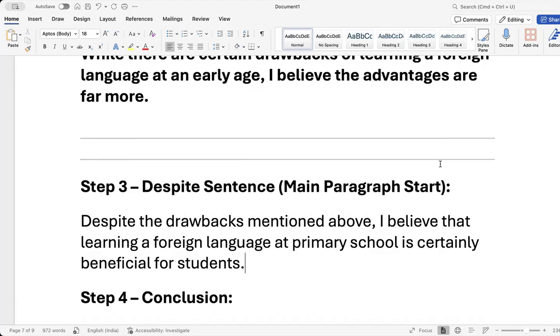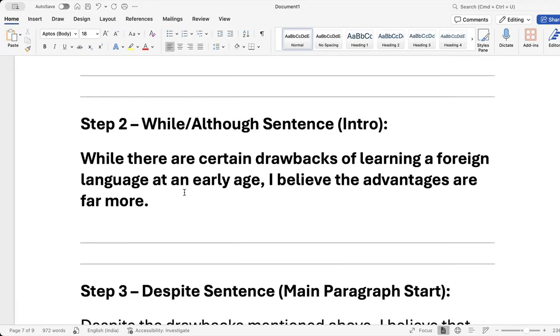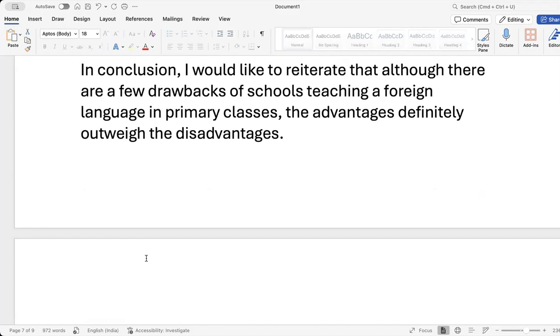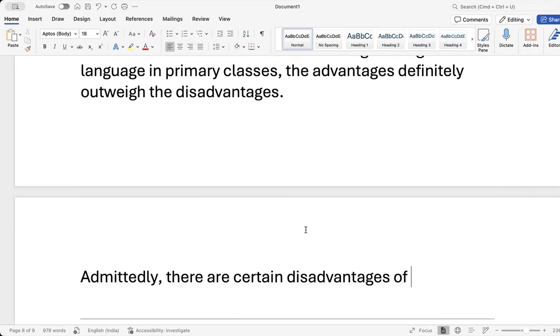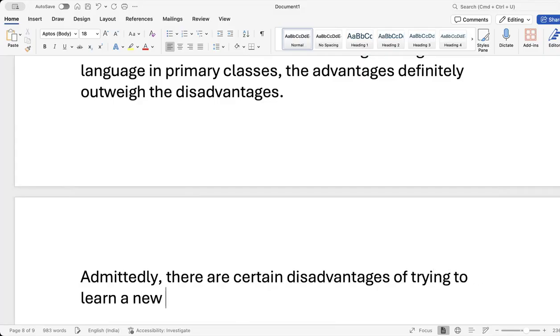Now if we complete the essay, remember, after writing the introduction, what are you going to do in the middle? You're going to put admittedly, and then you're going to say there are certain disadvantages of trying to learn a new language or a foreign language at primary school.